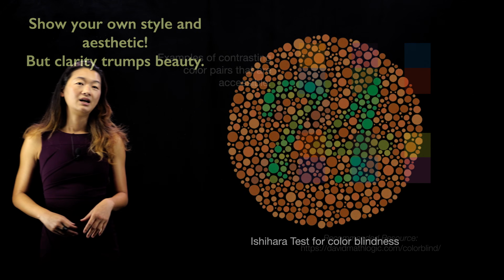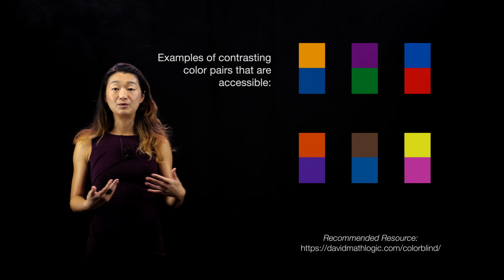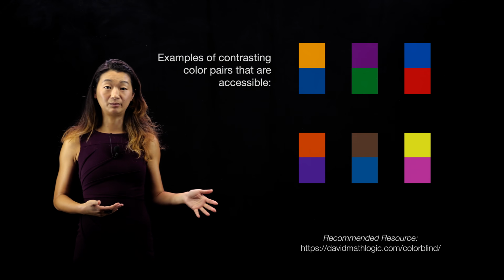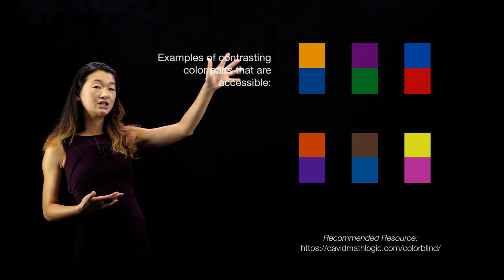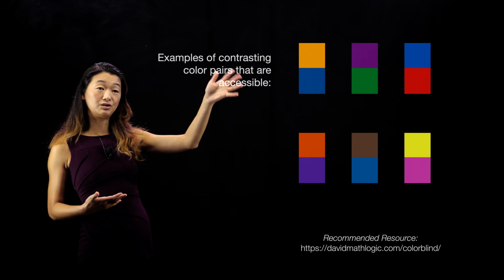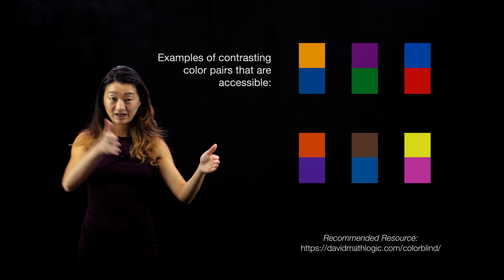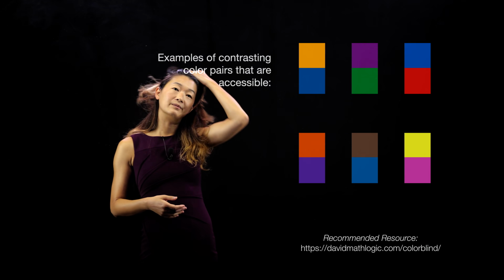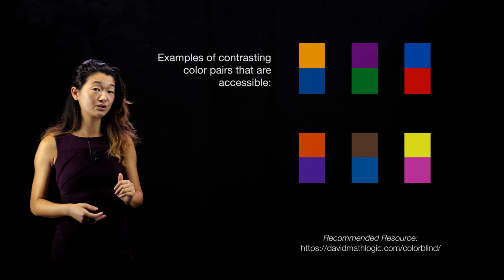And so there are a couple of different recommended contrasting color pairs that are known to be accessible to the most common types of color blindness in the population. A common one is this orangey to blue thing that you can do. And you can also make a divergent color map out of that, where you go from orange to white to blue, for example. A purple to green contrasting color pair also works.